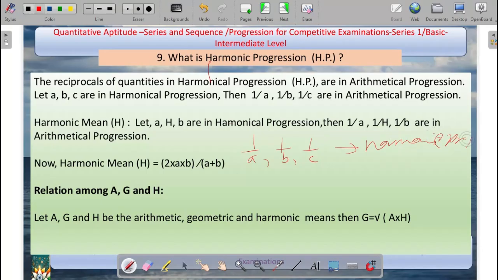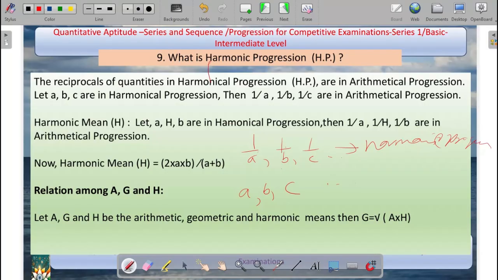When the reciprocals of these numbers are in arithmetical series. If a, b, c are in arithmetical progression, then 1 by a, 1 by b, 1 by c is called harmonic progression.